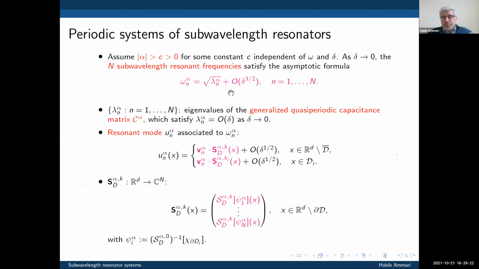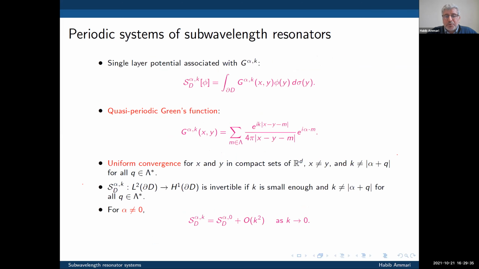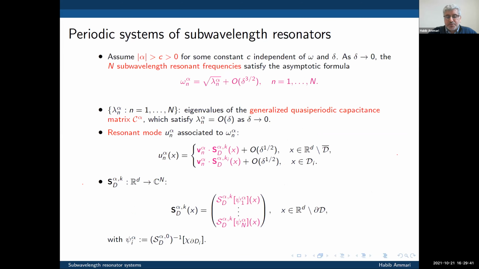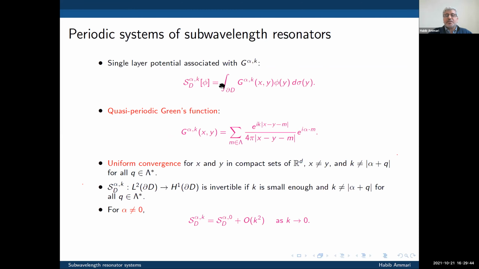This result, this approximation, holds only when alpha, the quasi-periodicity, is far away from 0. It's not uniform in this Brillouin zone. I will be back to this. Okay, so what's this capacitance matrix? In order to introduce it, we need the single layer potential associated with the quasi-periodic Green's function.